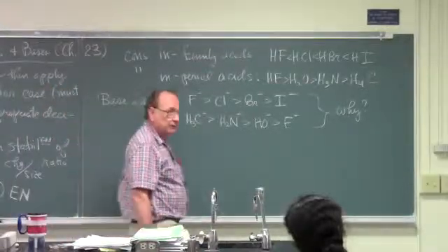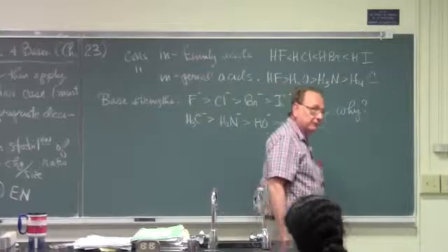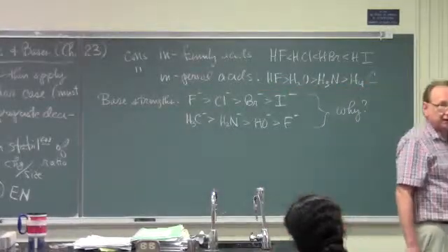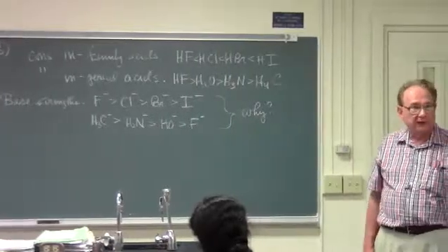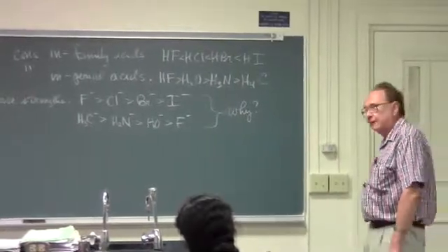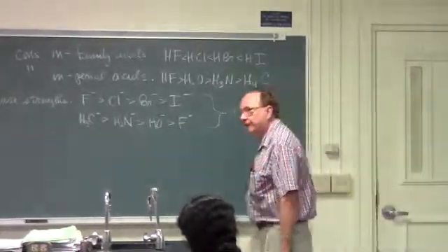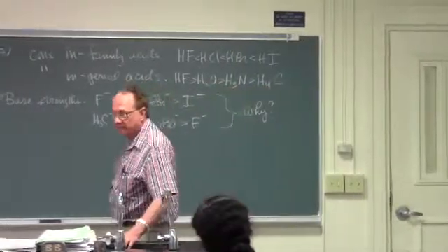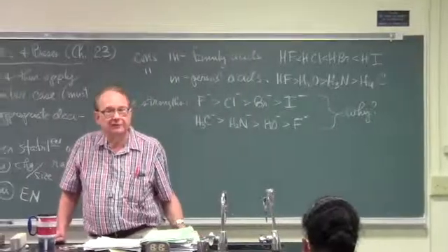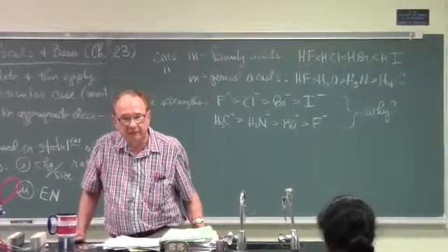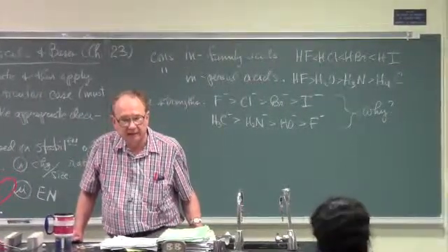Chlorine is number 2, bromine is number 3, and iodine is number 4. The numbers are, if you're interested, 4.0, 3.0, 2.8, and then 2.5, if my memory's right, for iodine. So we're not seeing too much difference in electronegativity for chlorine, bromine, iodine.